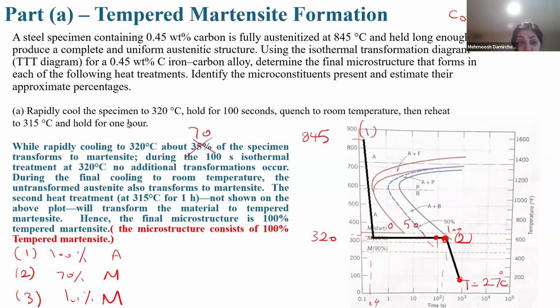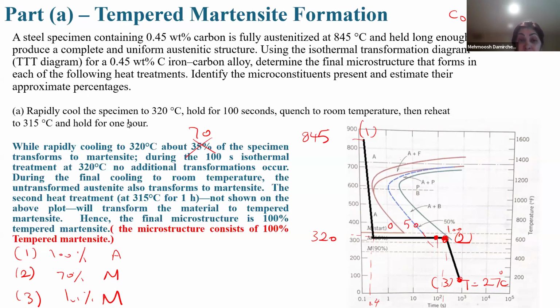No additional transformation occurs. During the final cooling, from 2 to 3, the remaining austenite converts to martensite, so we have 100% martensite.